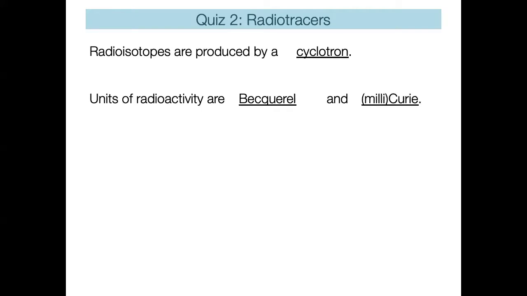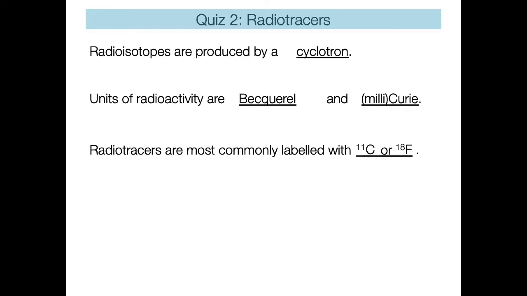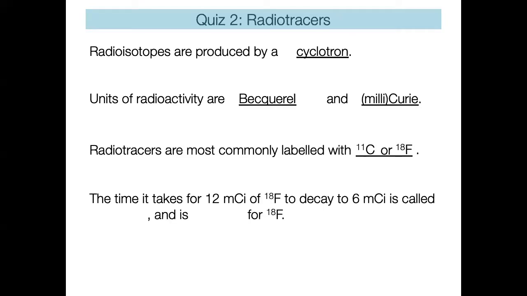Becquerel and Curie or millicurie. Then radiotracers are most commonly labeled with blank or blank. Yes, exactly. C11 and F18. Those are the most common radioisotopes.